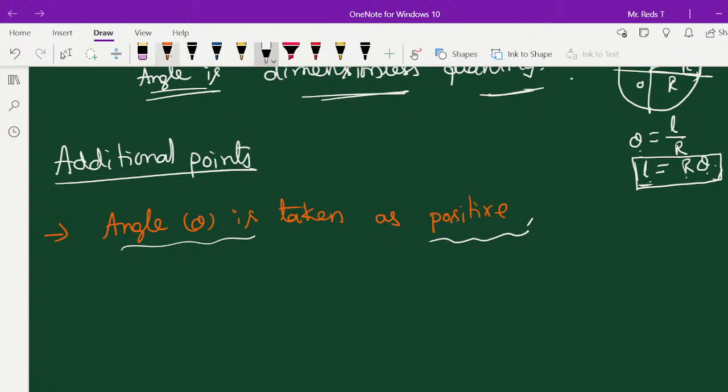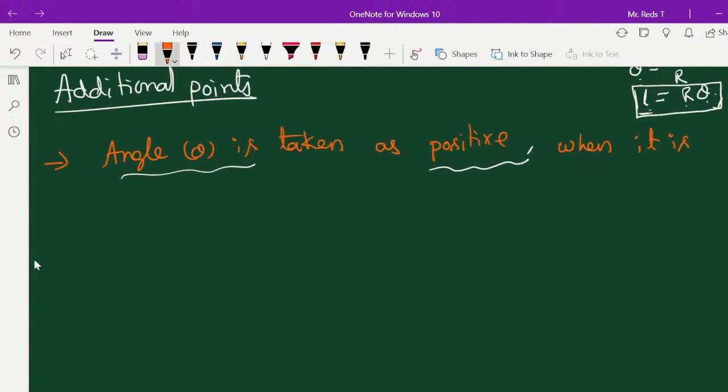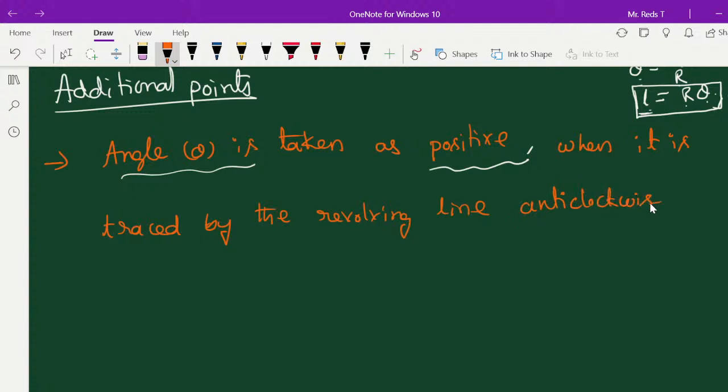Angle theta is taken as positive when it is traced by the revolving line in the anti-clockwise direction.